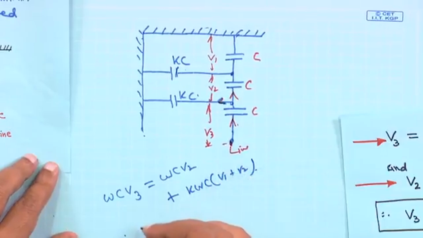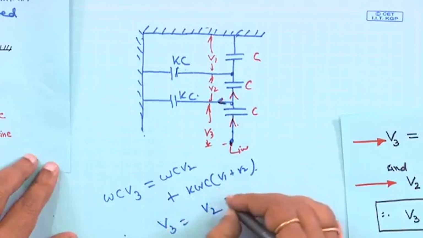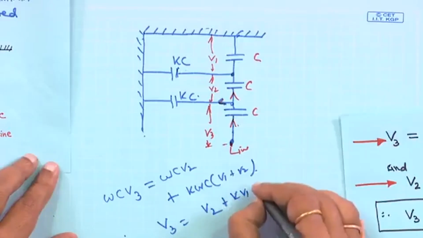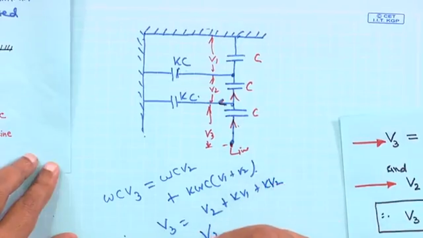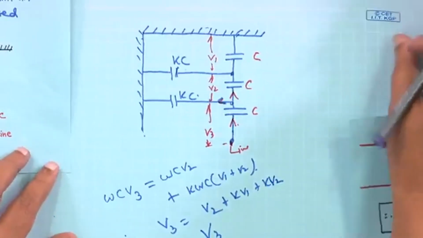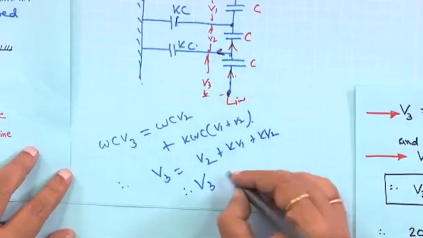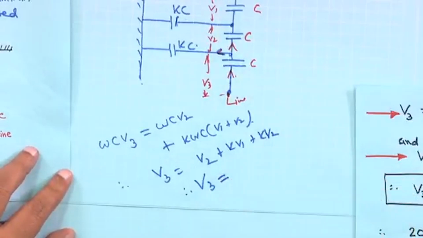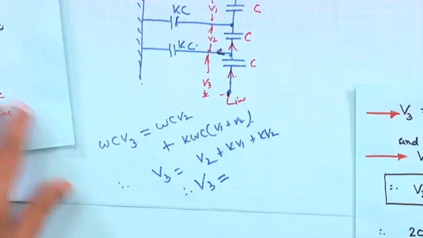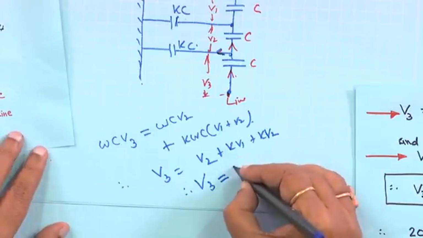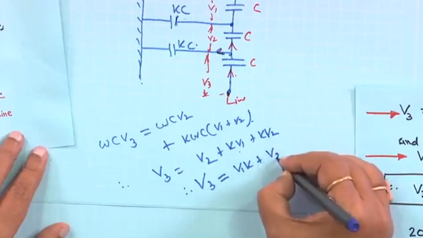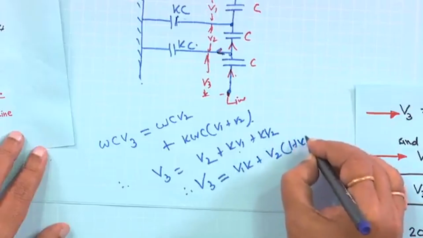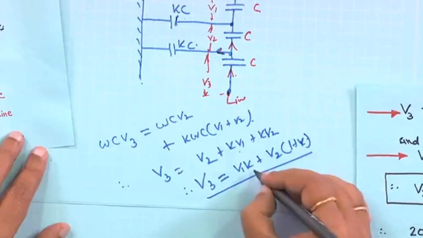Omega c will be cancelled on both sides. Therefore, V3 is equal to V2 plus k V1 plus k V2. That means V3 is equal to V1 k plus, taking V2 common, V2 into 1 plus k. This is the equation.